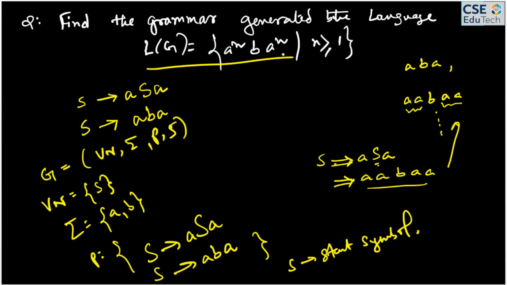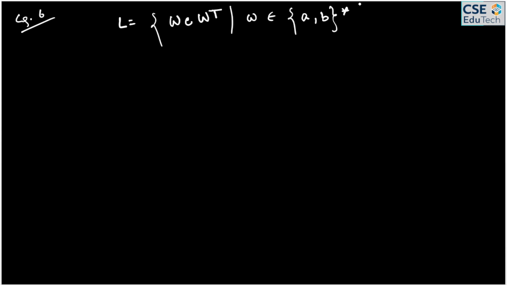Now, we'll give another example. Suppose we are given the language of the form w c w transpose, where w belongs to {a, b} star, right?